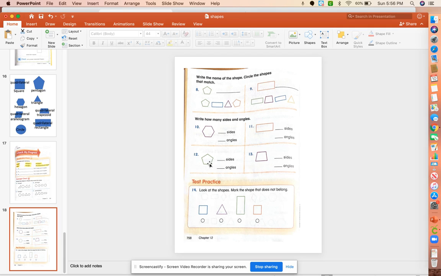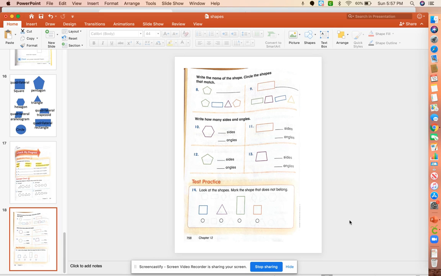Number 10, 11, 12, and 13, they want you to write how many sides and angles each of the different shapes have. So if this shape has how many sides and how many angles for each one of those. And number 14 says, look at the shapes and mark the shape that does not belong.